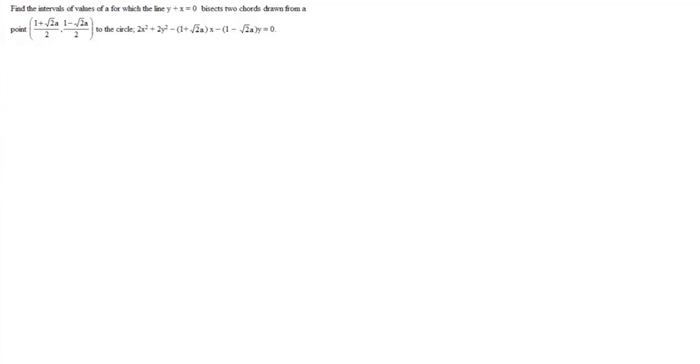Now here the question is, find the intervals of values of a for which this line y plus x equals 0 bisects the 2 chords drawn from this point to this circle.